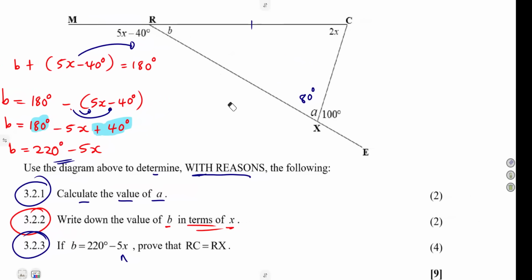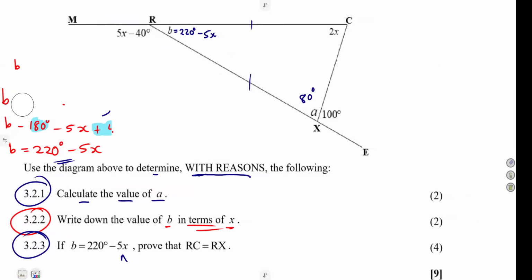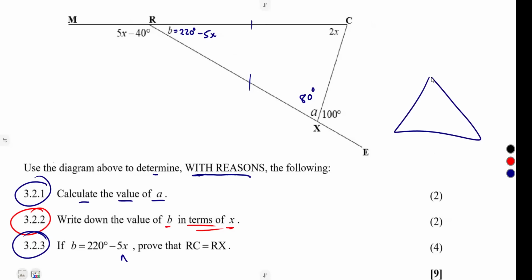How can we prove it? Remember, we are told that B is 220 degrees minus 5x. You just use this concept: if two lines are equal, then the opposite angles are supposed to be equal. These two angles must be equal.